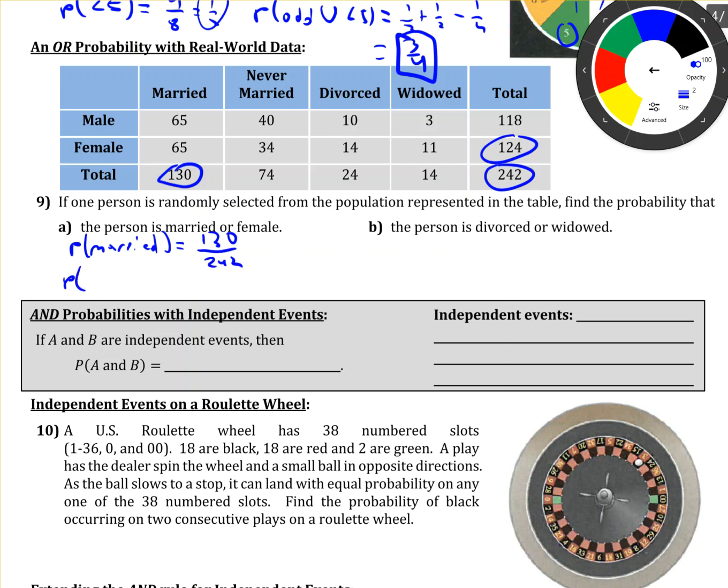Probability of female is 124 out of 242. And so now what we have to do to figure out married or female is add those together.